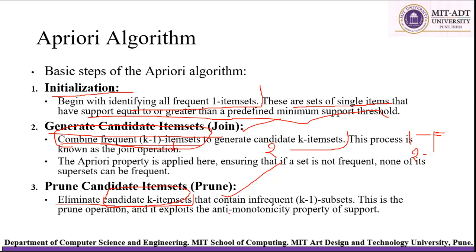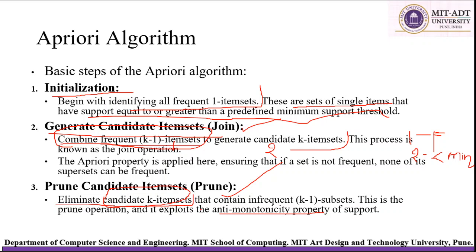For this, we are using the anti-monotonicity property. So, as they are not supporting the minimum support value, if it is less than, those are discarded in the third step.